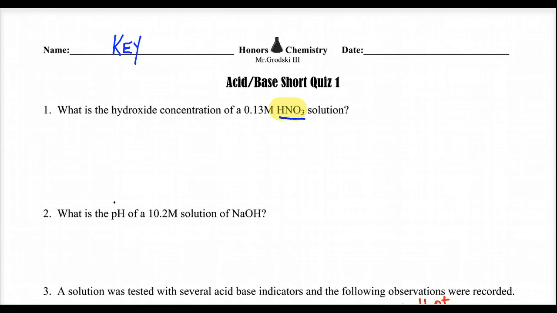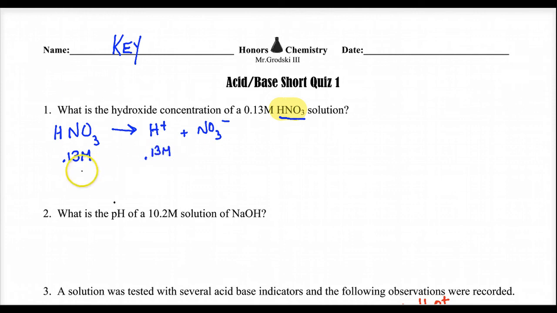It's a strong acid. Now again, writing that out, that means that the HNO3, and the H in front kind of gives it away, dissociates into a proton and the conjugate base NO3 negative. Now it completely dissociates. So if I know the concentration is 0.13 molar for the HNO3, it's going to be 0.13 molar for the H+.